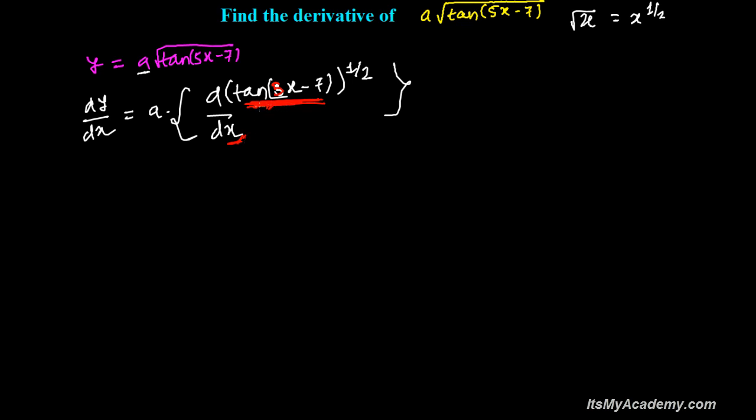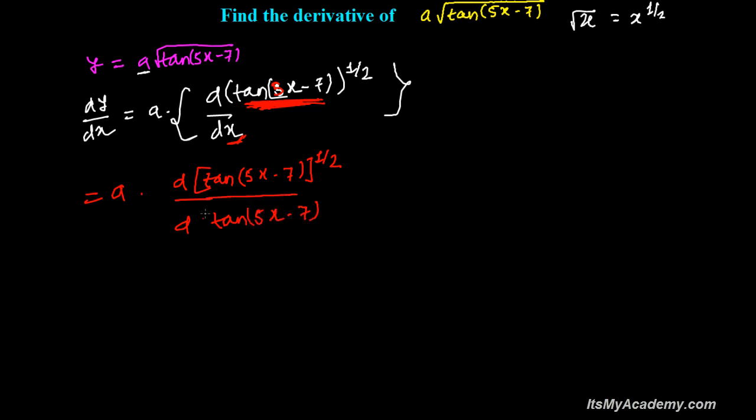So in the next step, we have to differentiate with respect to its base. Right, so my constant quantity stays outside, and I'm going to differentiate the derivative of tan 5x minus 7 raised to the power 1 by 2 divided by d tan 5x minus 7.